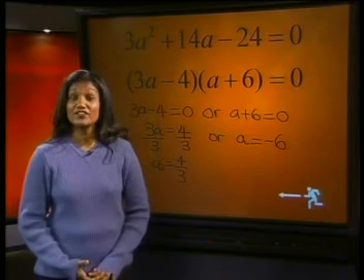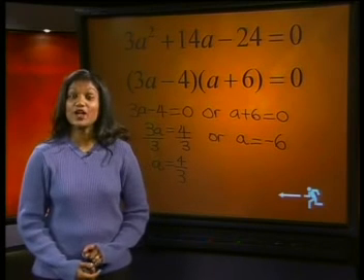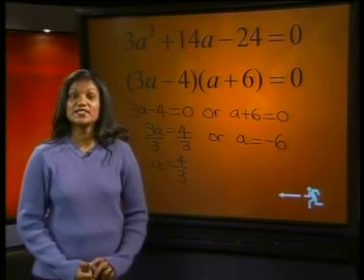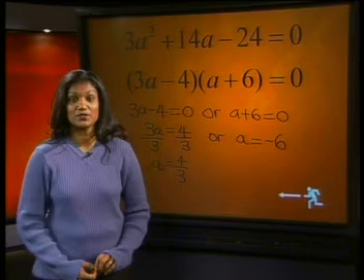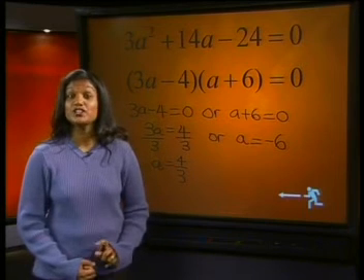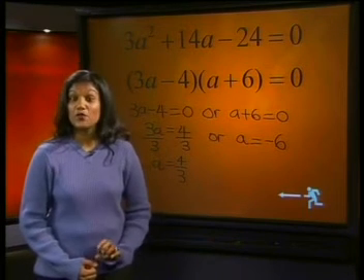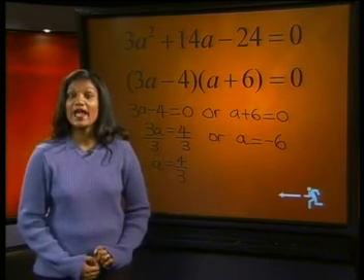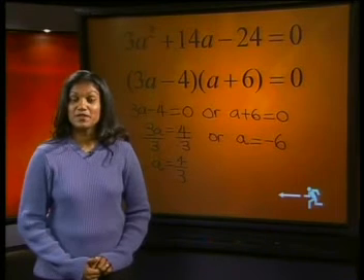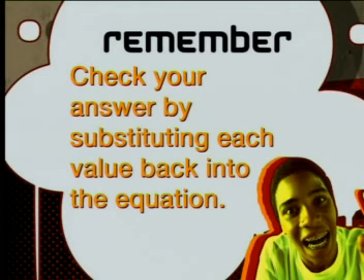So there we have it. Remember, we solved the equation 6a squared plus 28a minus 48 is equal to 0. We found the roots of this equation to be a equals 4 divided by 3 or a equals negative 6. Now remember to check your answer by substituting each of these values back into the equation.